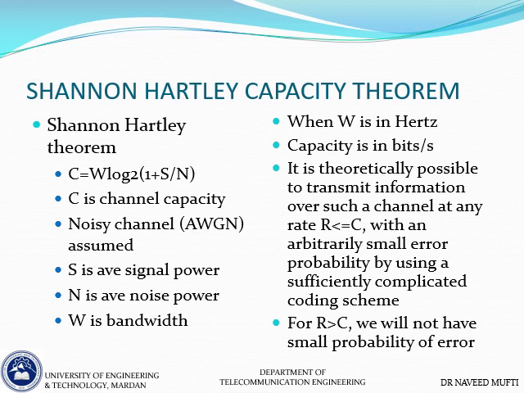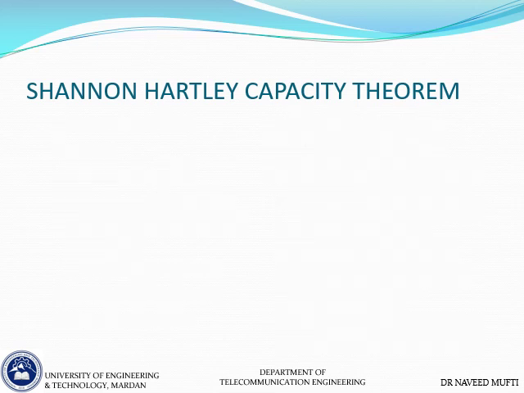But if we try to increase that, even when we are using a channel coding scheme, we will not have a small probability of error. Okay, so continuing our discussion of the Shannon-Hartley capacity theorem.